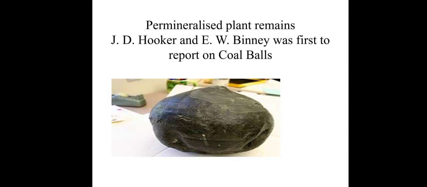Here are permineralized plant remains. It is very small in size, but coal balls are sometimes as huge as a human being. And this term was first reported by J.D. Hooker and Binney for the first time.